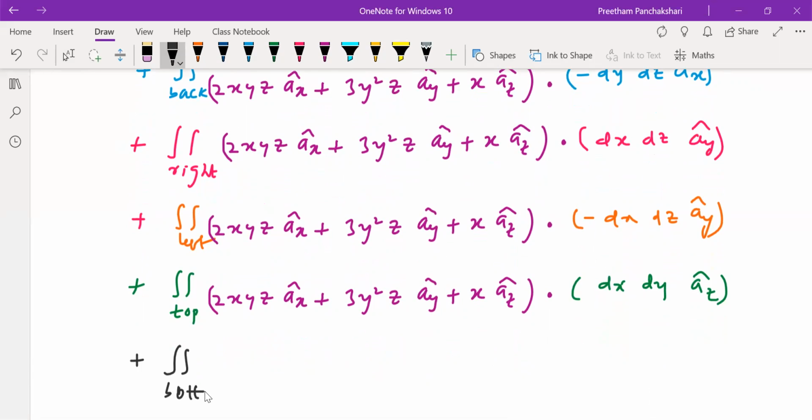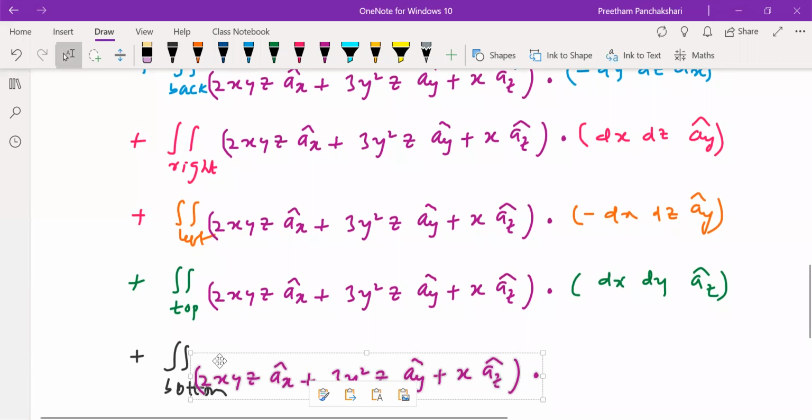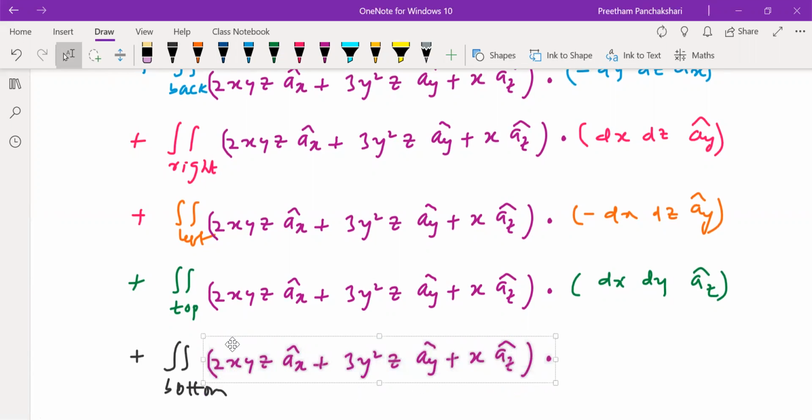Integral over bottom surface, so we copy the vector, then bottom surface is minus dx dy a cap z. Top surface positive z, bottom surface negative z. Right face positive y, left face negative y, front face positive x, back face negative x.